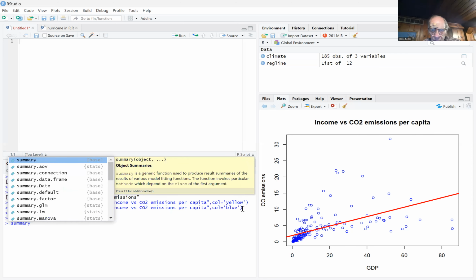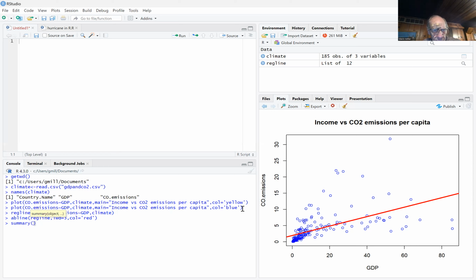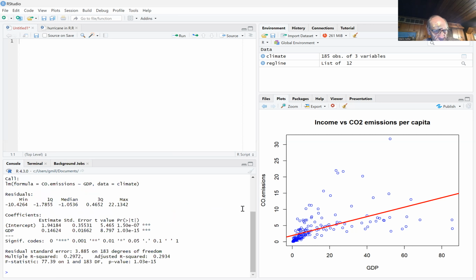Using the summary command, I can see some of the statistics here and the significance level of those statistics. So there we have the intercept is 1.941. That would be the predicted CO2 emissions of a country with 0 GDP.